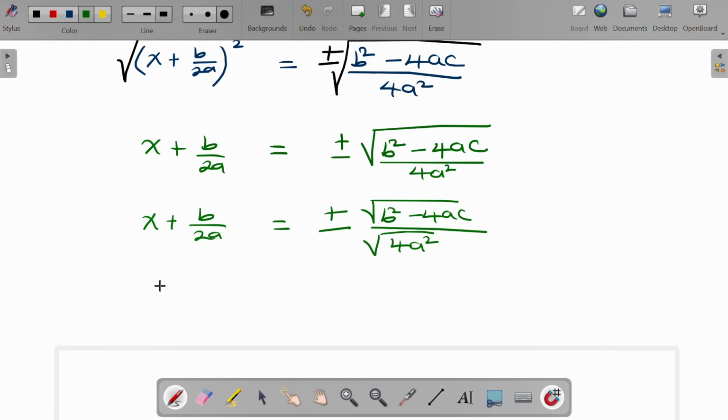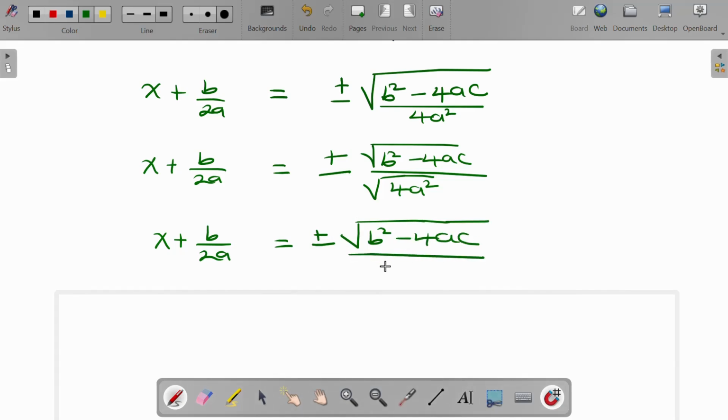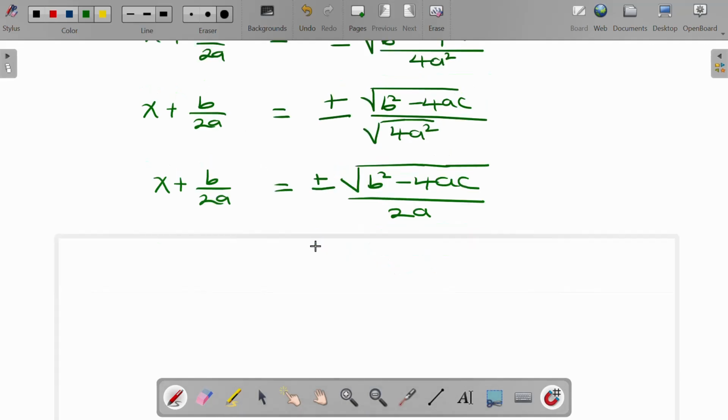And now we see on the right, the square root of 4a squared is just 2a, such that we have x plus b over 2a equals plus or minus the square root of b squared minus 4ac over 2a. So now the next step is to collect like terms.